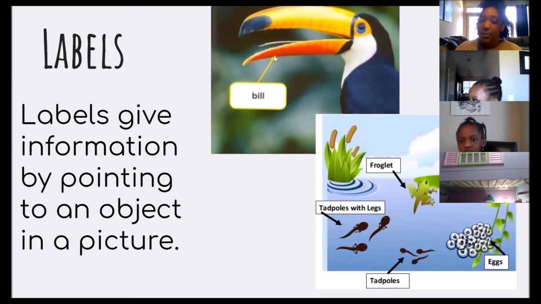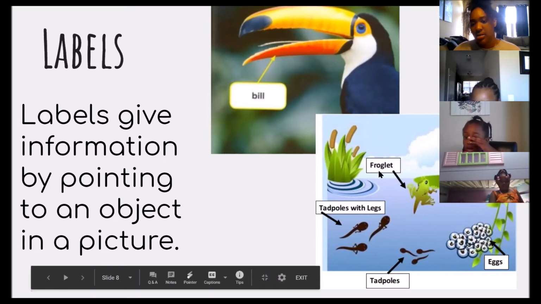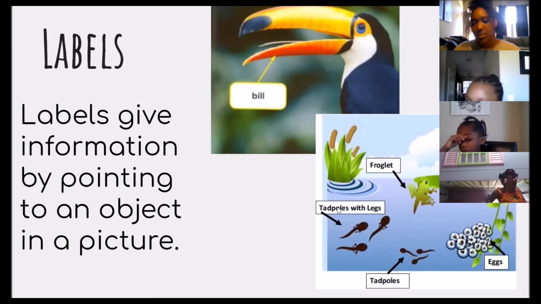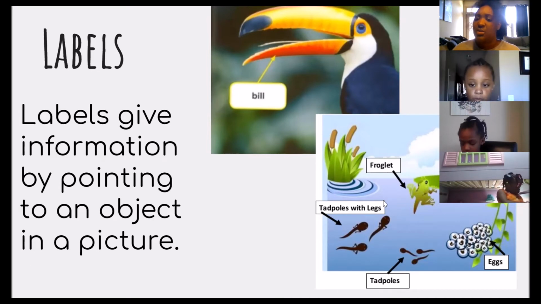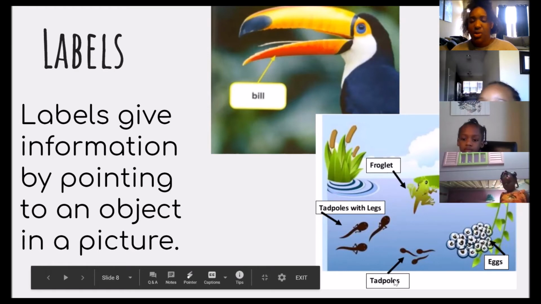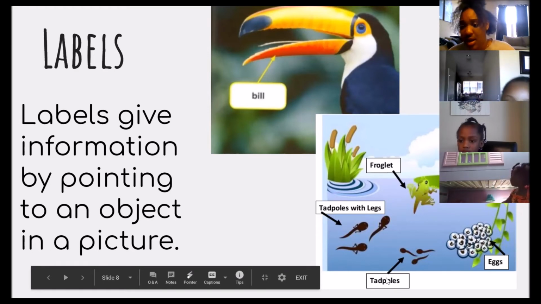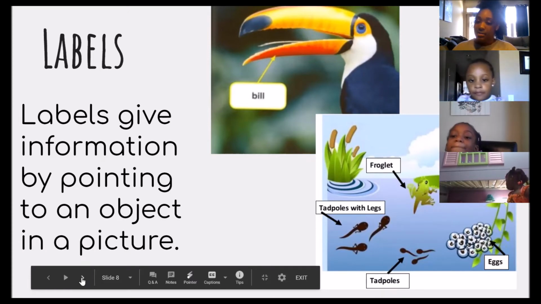And this label is telling me what that is, okay? Just like this picture down here, these labels are pointing to what exactly is in the picture. It helps you figure out what that is. So this label down here, tadpoles, if that wasn't there, we wouldn't know what that is, right? So that's why they put labels there.